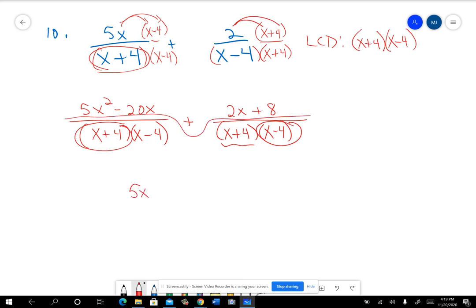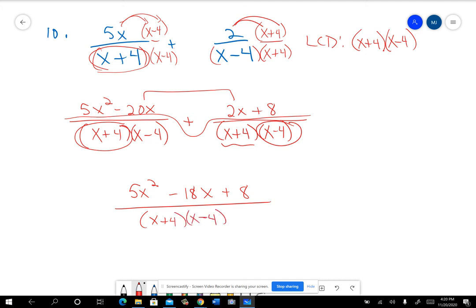That's 5x squared, and if you notice like terms, negative 20x and a positive 2x, it's nice to put those together so this doesn't drag out to be a couple of pages. So we get 5x squared minus 18x plus 8 with this denominator.